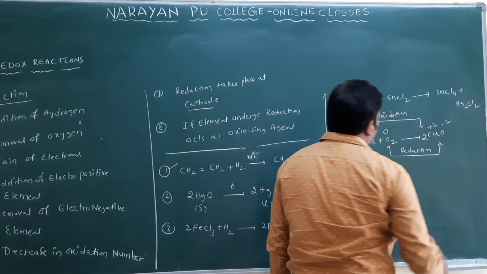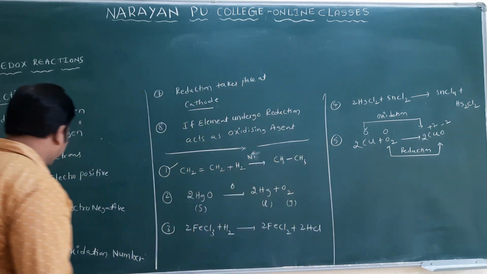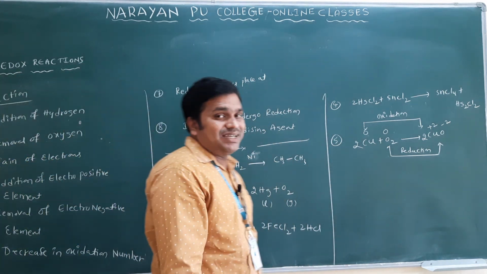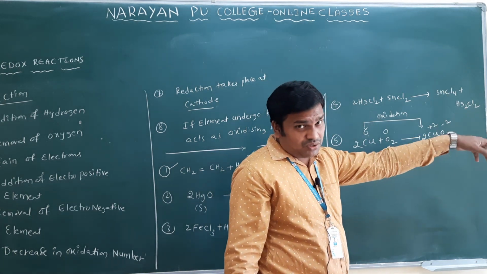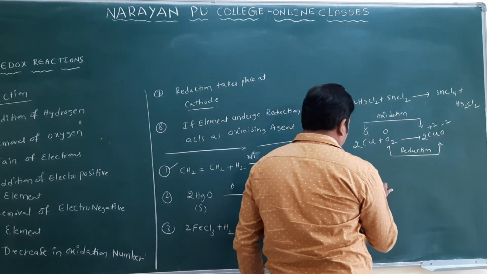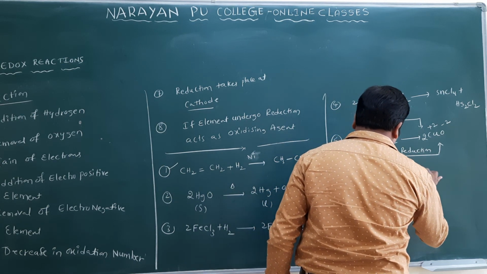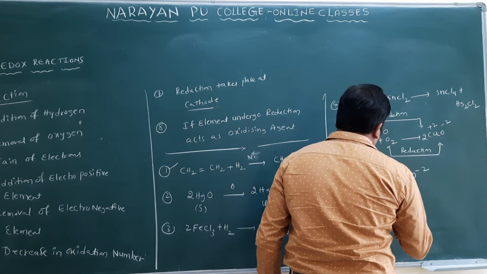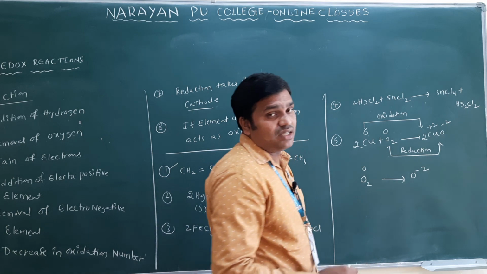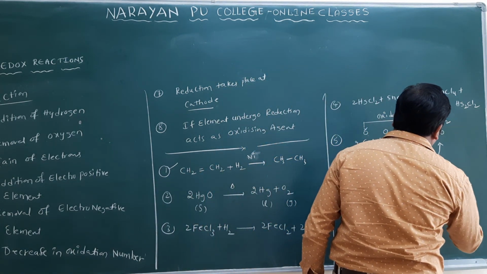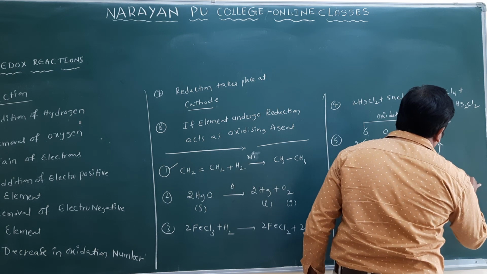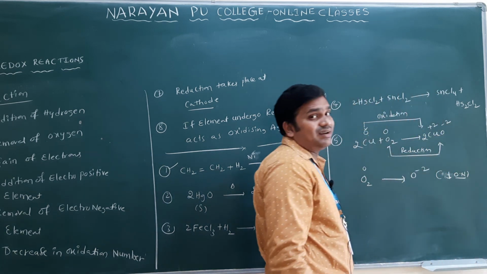Now the definition we have is decrease in oxidation number. The oxidation number of oxygen decreases from 0 to minus 2 only. You write O2 gives rise to O minus 2. So there is a decrease in oxidation number, and we call this reduction.